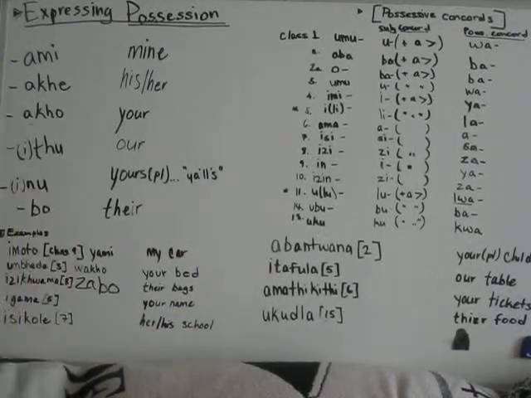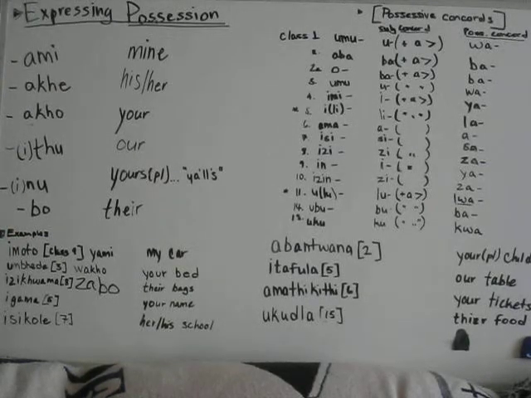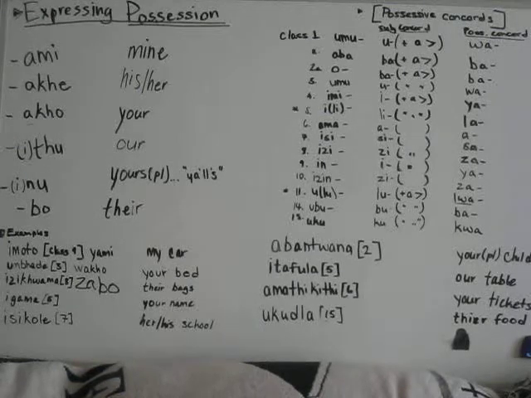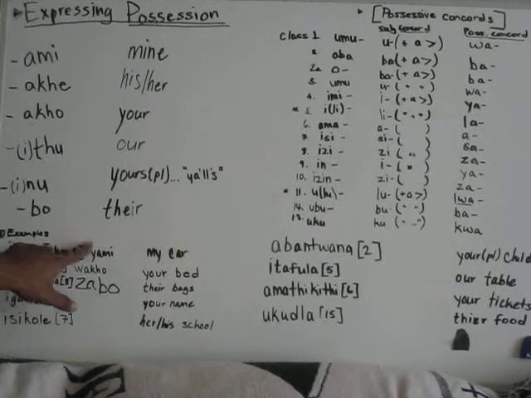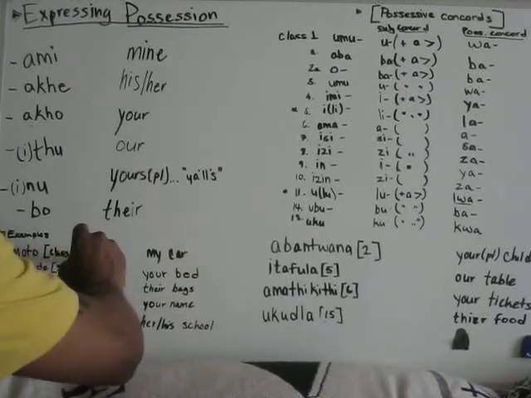Now we have igama. Igama is name, and what we're trying to say is your name. So we have class 5, and I'm looking at this thinking that the mistake I may have made is that the first one is not 9, but actually 5, which would make that lami. Don't want to mislead the viewers here, but I don't want to leave that hanging either.